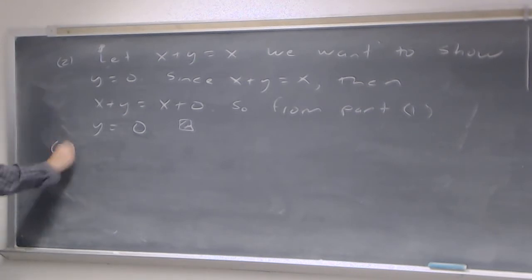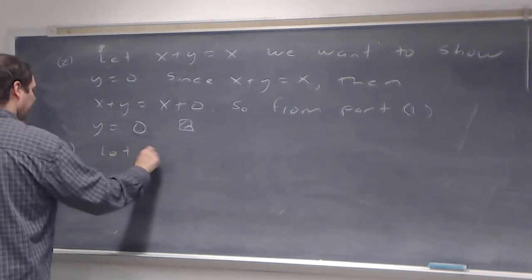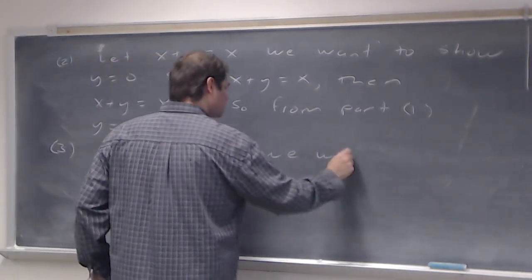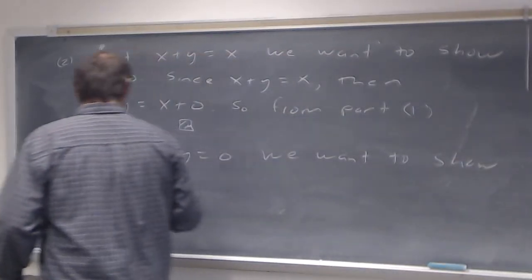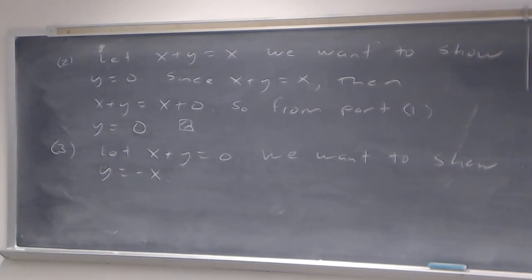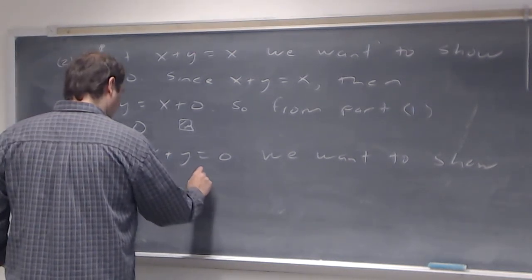The third property that we want to show, if you'll remember, was if we're going to let x plus y equal 0, what we want to show is that y equals minus x. And the way we're going to show that is using part 1 again.